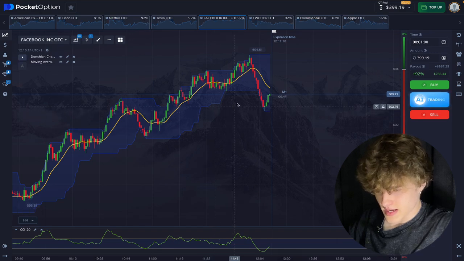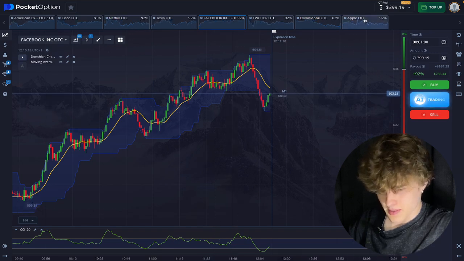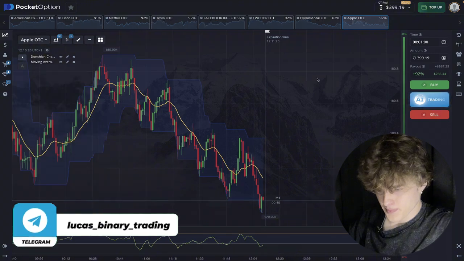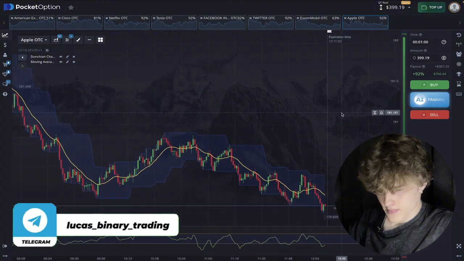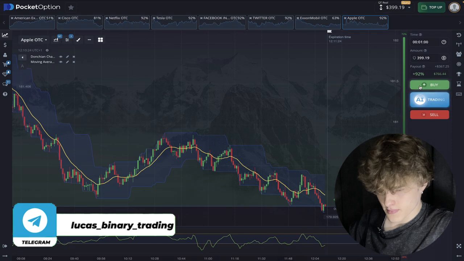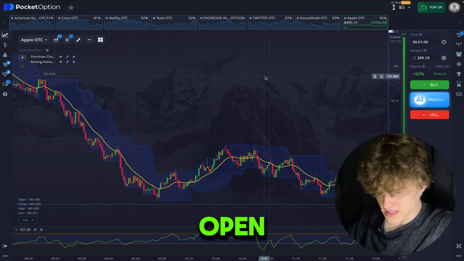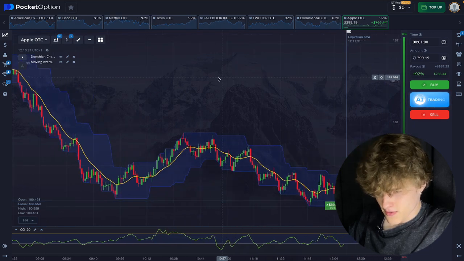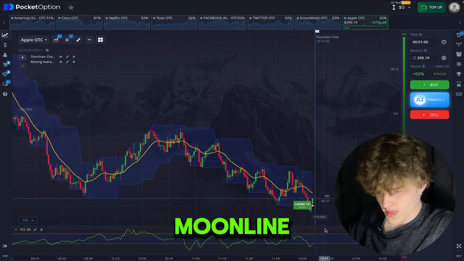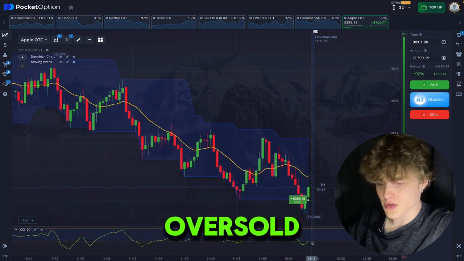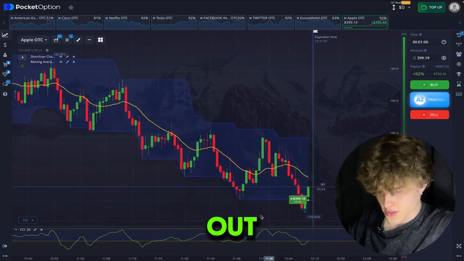Let's continue and pick up the next share of the company. And right here, I would probably prefer to open a trade on the upside. Of course, we open the trade before the moving line starts to cross the oversold area and come out of it.